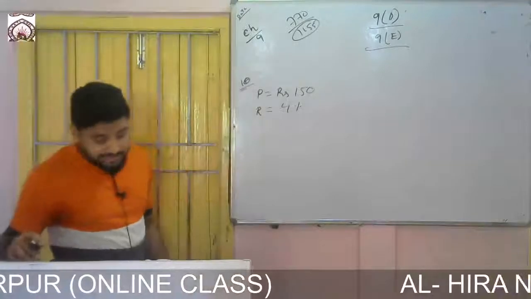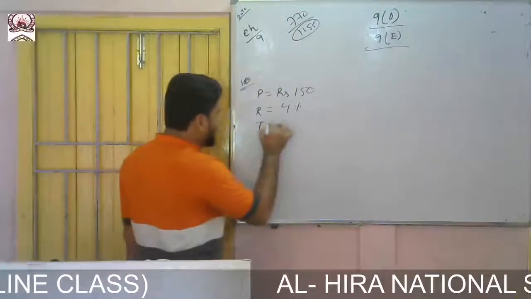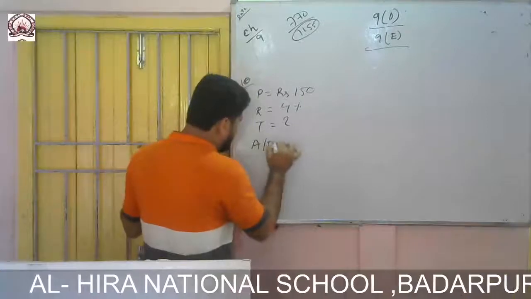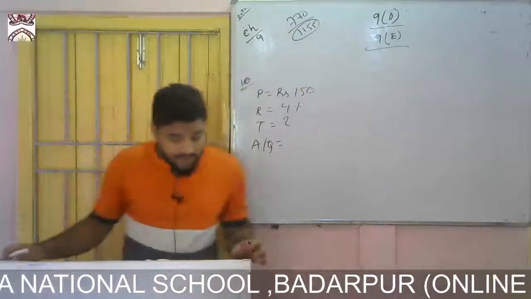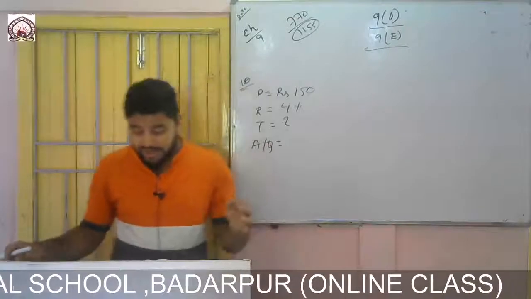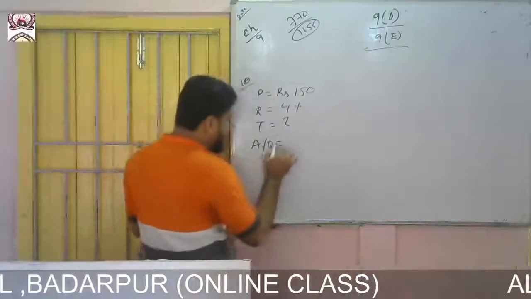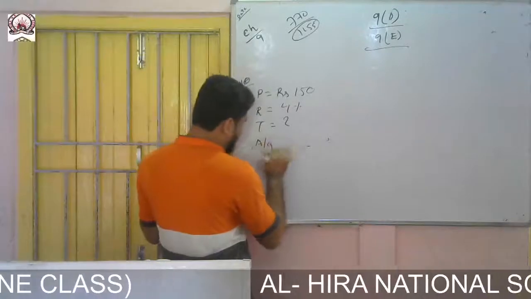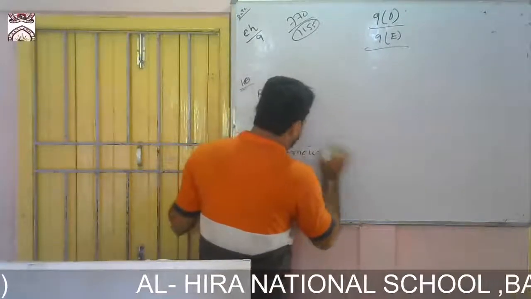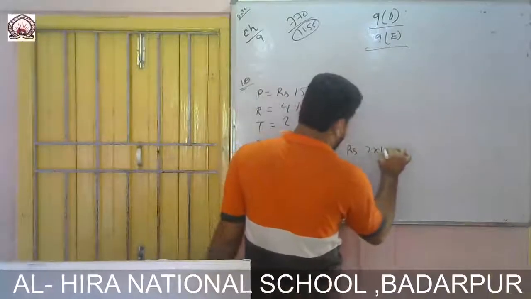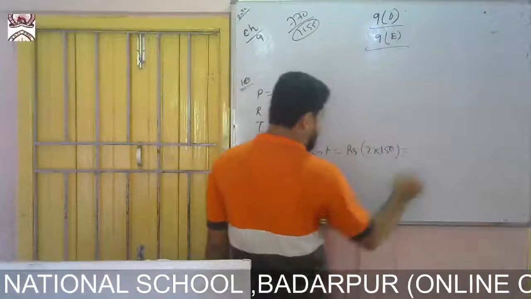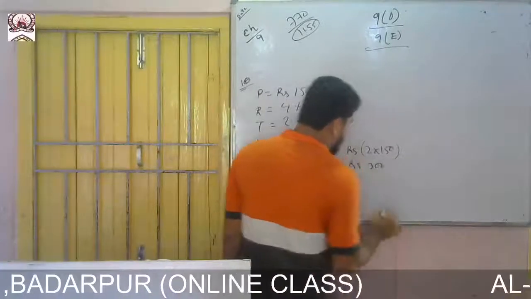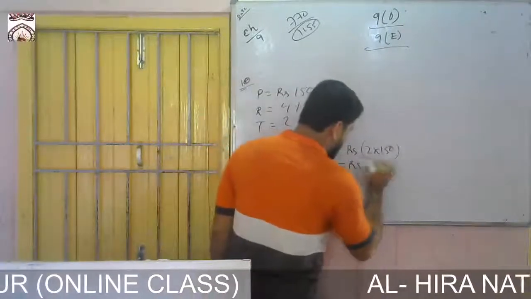Then time is what we need to find: in how many years. According to the question, the amount will be double of the principal, 150 rupees, so rupees 300.